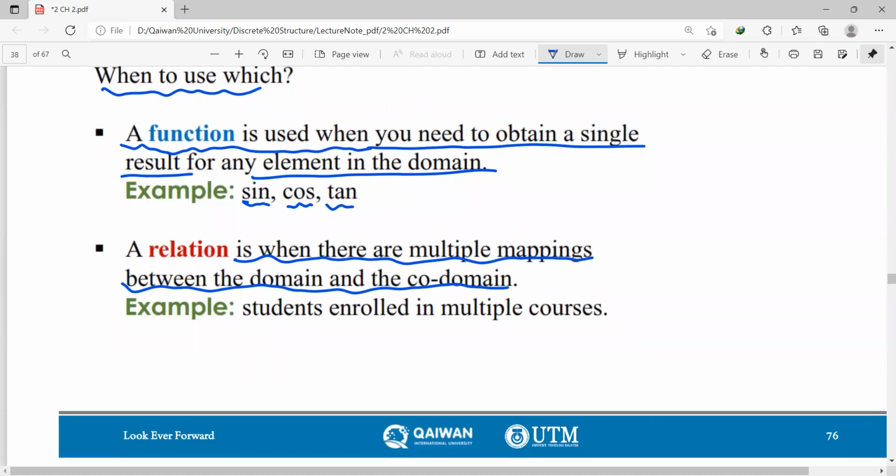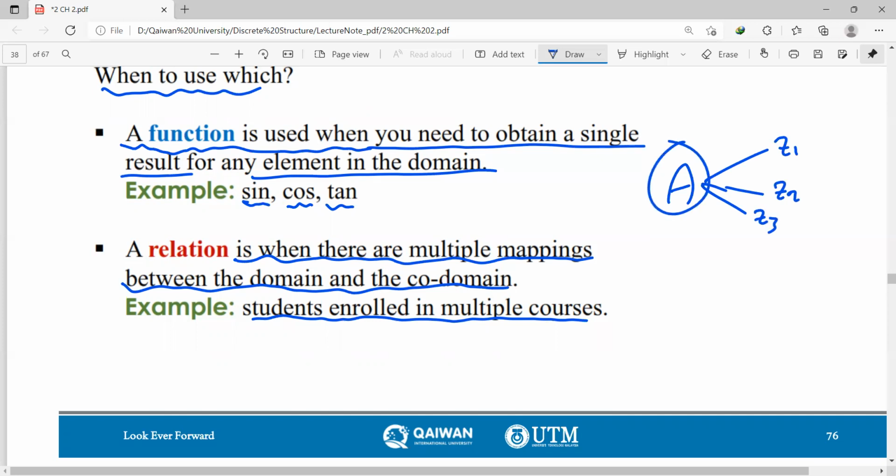And here we have an example. For example, students enrolled in multiple courses. If we have student A enrolled, let's say, in 3 courses, Z1, Z2, Z3.